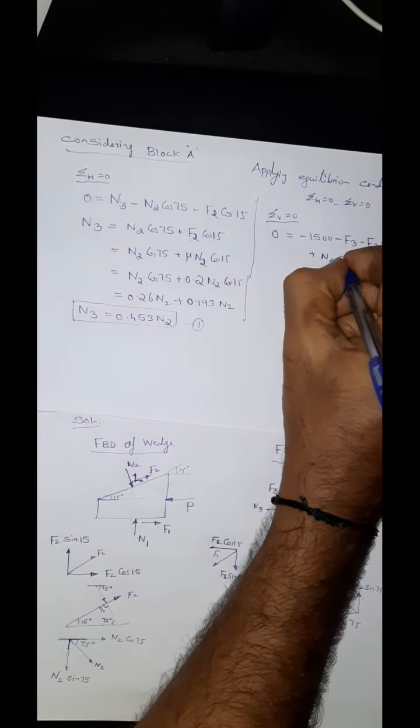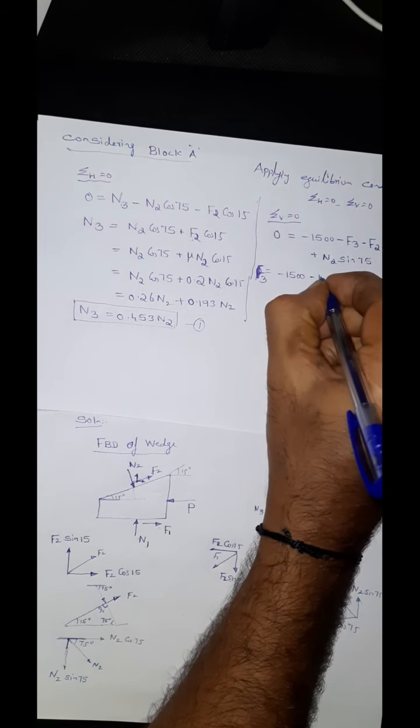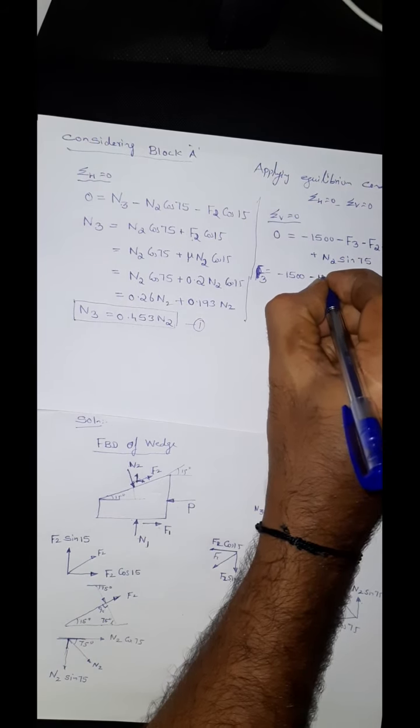So this F3, I am just going to take outside, then the left hand side, F3 equal to minus 1500. What is F2? F2 is nothing but the limiting friction, which is the product of coefficient of friction and the normal reaction. So mu into N2, mu into N2 sine 15 plus N2 sine 75, which is equal to 1500.